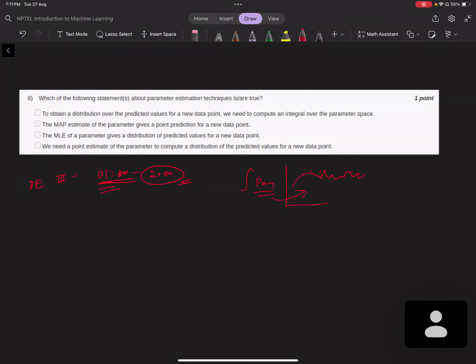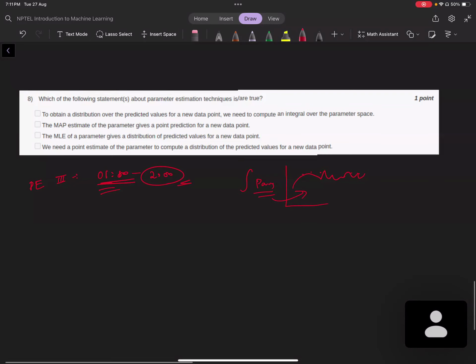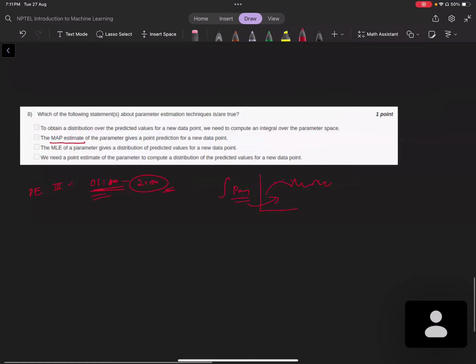Okay, so that means MAP estimation gives a point prediction for a new data point.